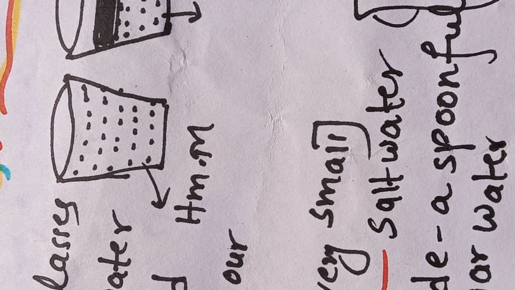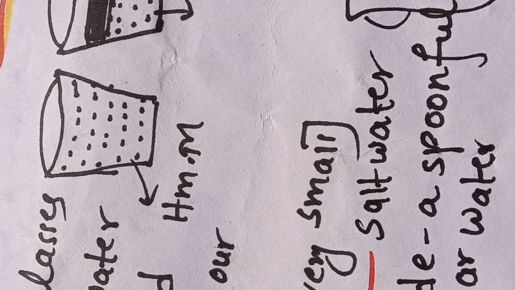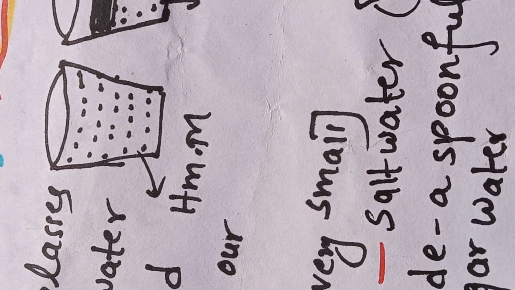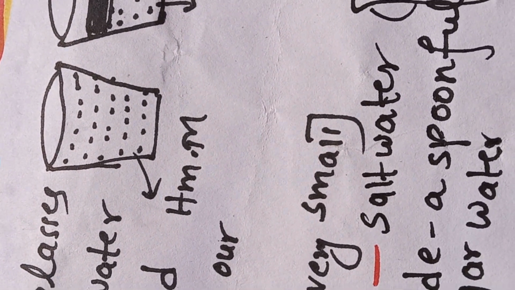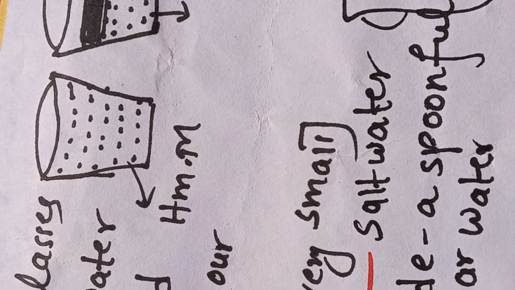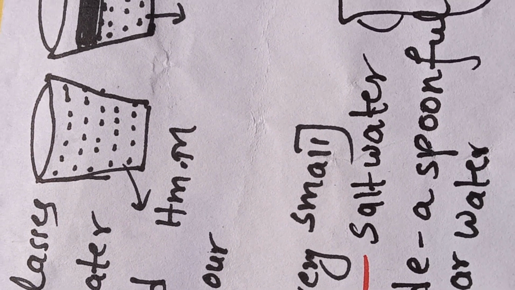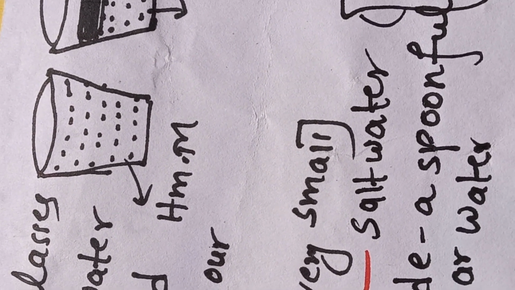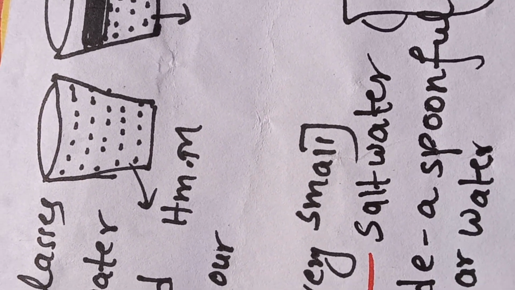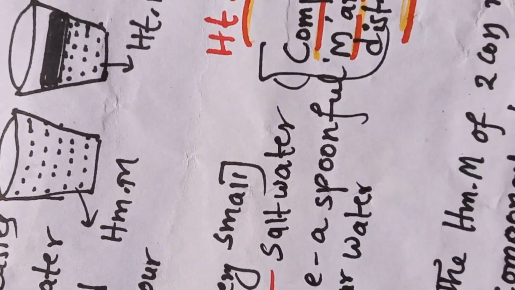That's why in salt water, water is the solvent, which is present in high quantity, and salt is in the lesser quantity, that is the solute. The solute always dissolves in the solvent. Solvent means here water. Water is a very good solvent compared to any other component. So, this is the topic. Thank you.